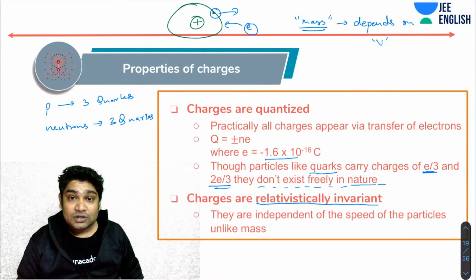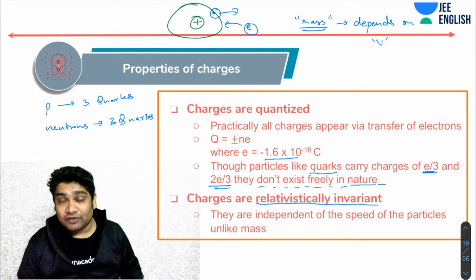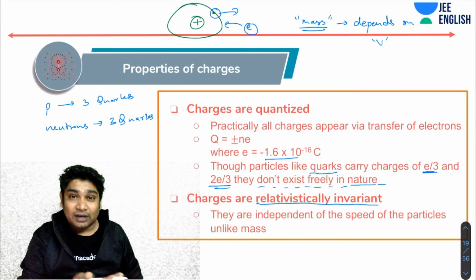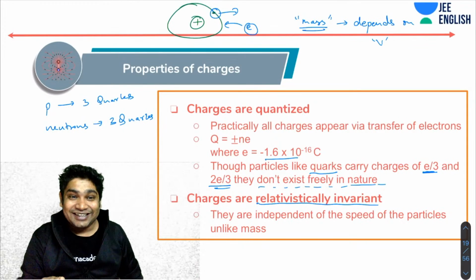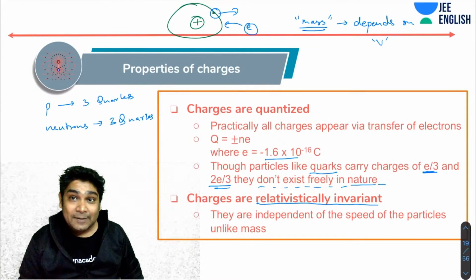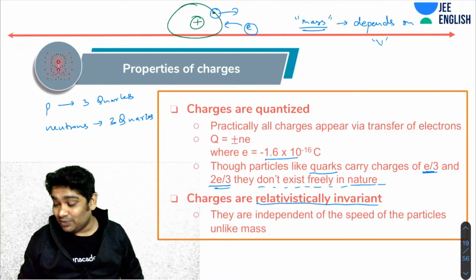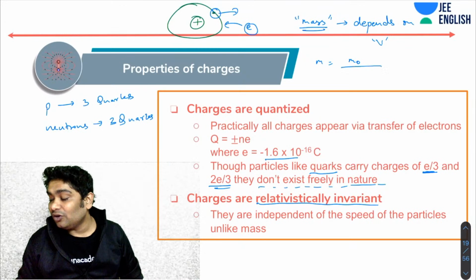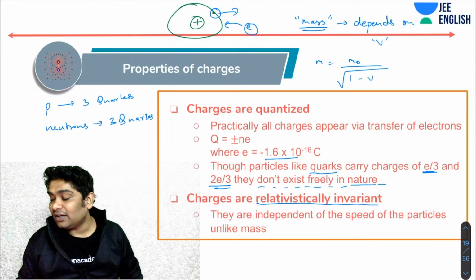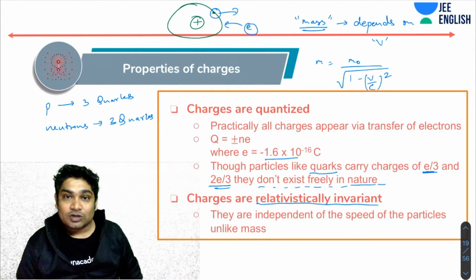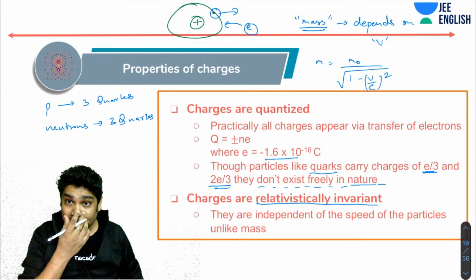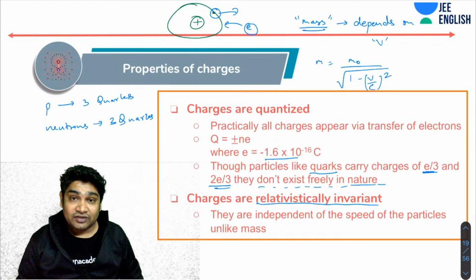So we know the two most fundamental properties of matter: charge and mass. Mass depends on the speed. It changes with speed with the equation m equals m naught over root of 1 minus v by c whole square, and this was Einstein's equation. But charge is independent of your velocity. It does not change with velocity.